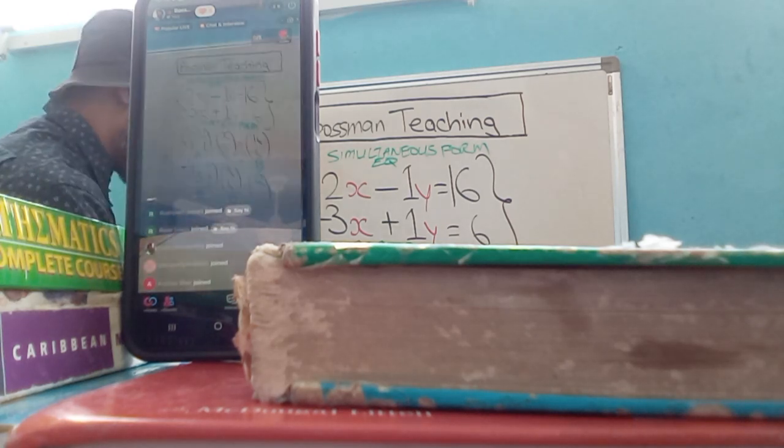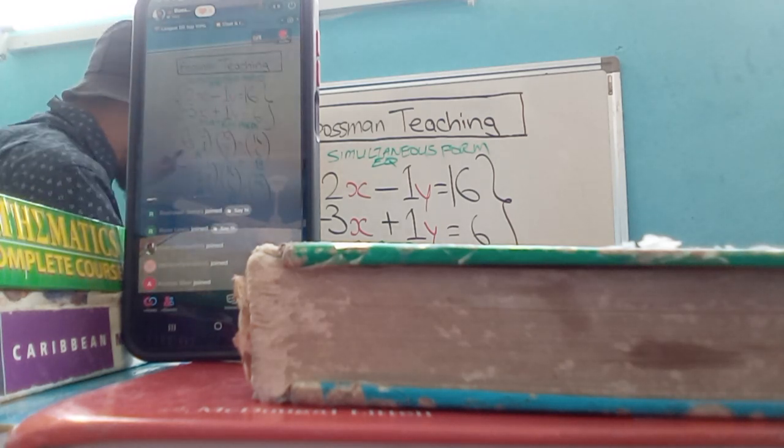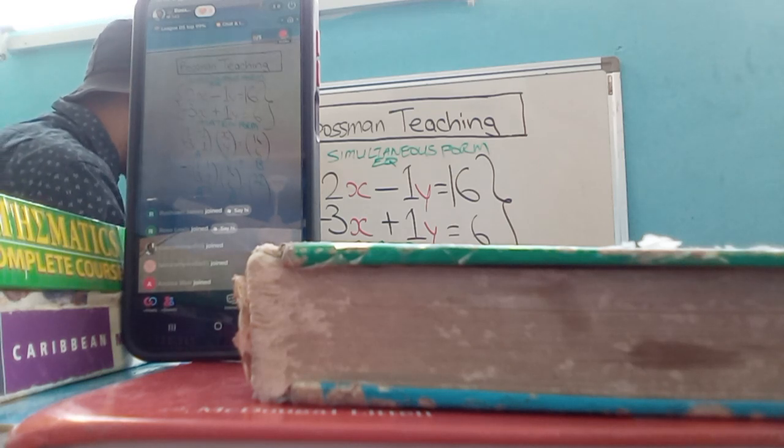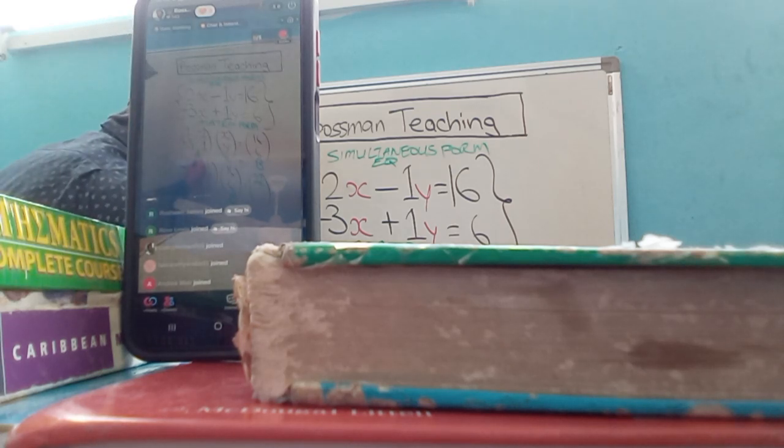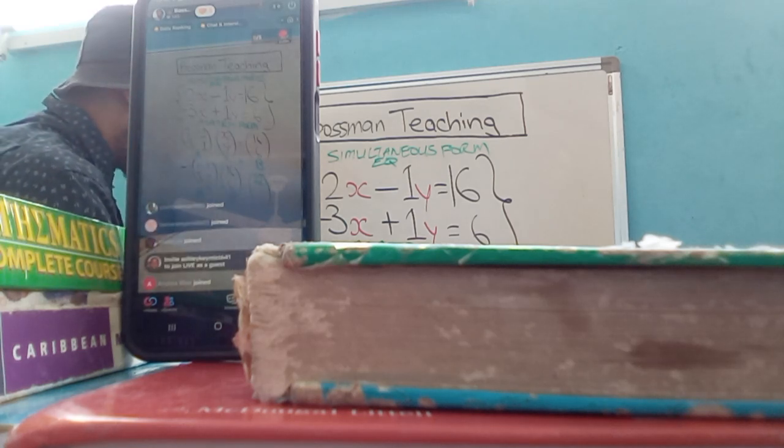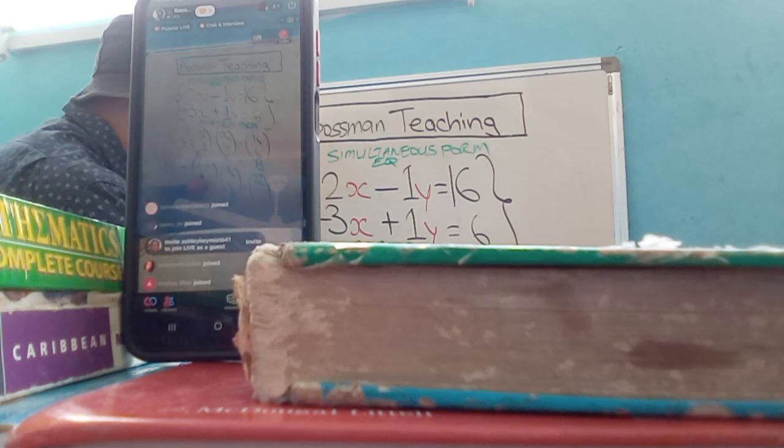But it's going to be minus at the end of it all, because there's a minus on the outside. So you're going to multiply minus by that.